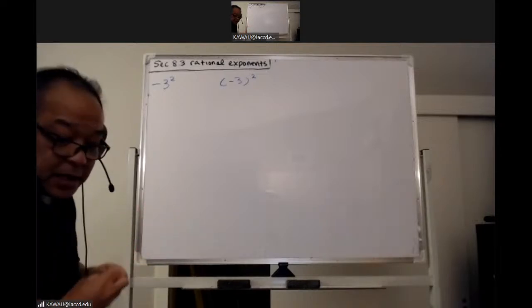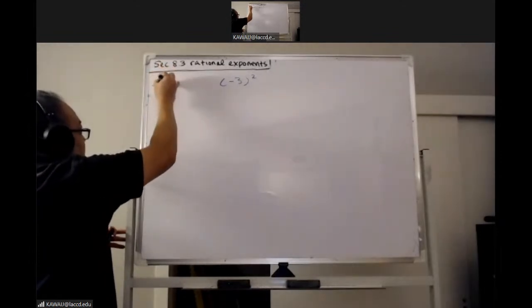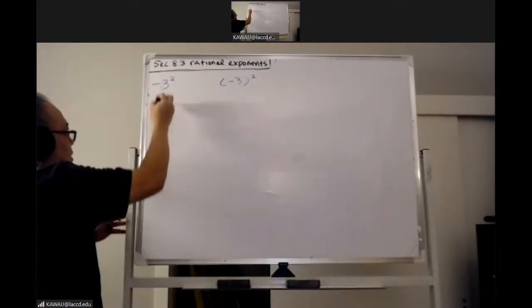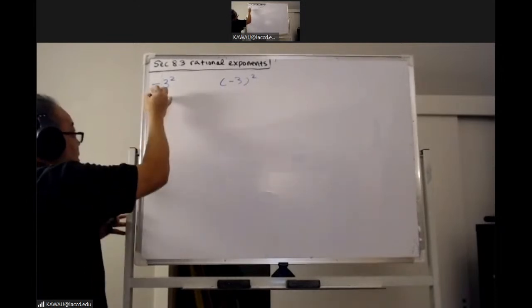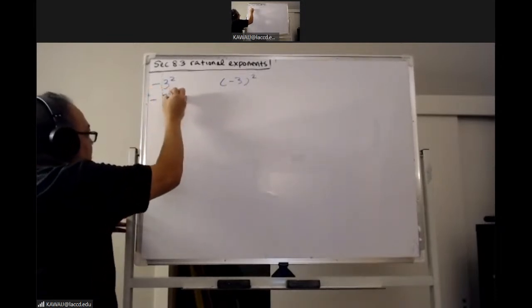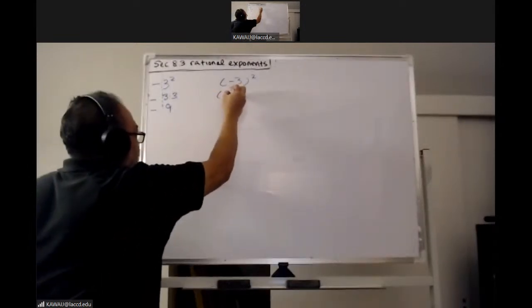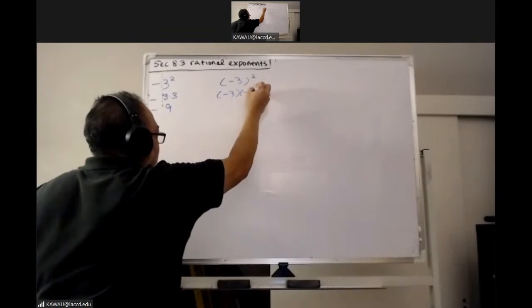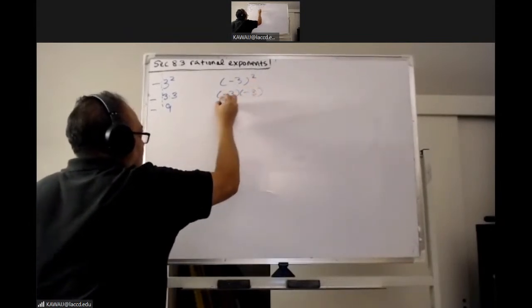We said that this negative and that 3 are not connected. So we get negative 3 times 3, which is negative 9. And over here we get negative 3 times negative 3, which is a positive 9. Okay, so we played that game over and over.